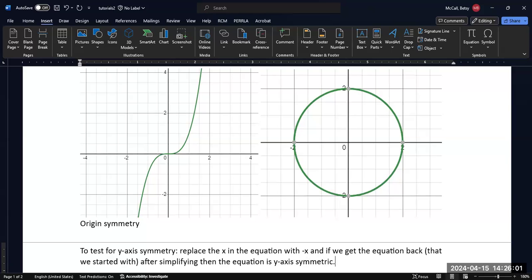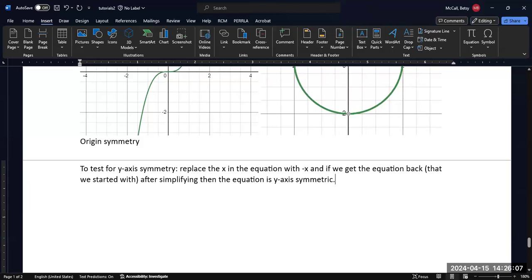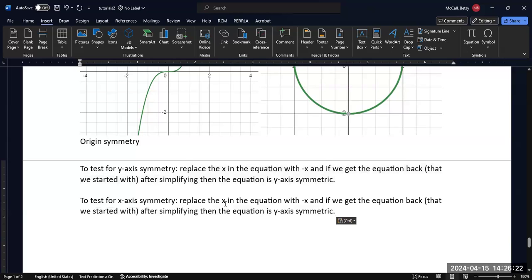Now, we have similar checks we can do for the others. So to test for x-axis symmetry, we would do exactly the same thing, except we're going to replace y in the equation with minus y. And then if we get the same equation back that we started with, all of the minus signs cancel out, then it's x-axis symmetric.